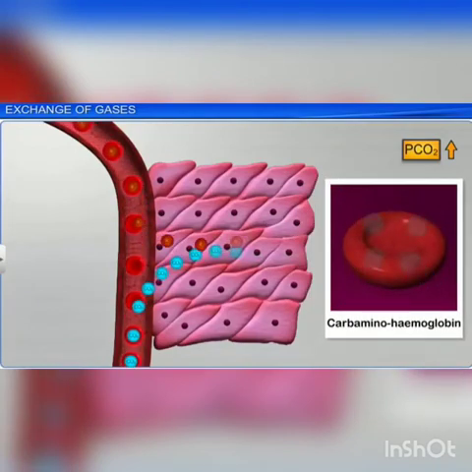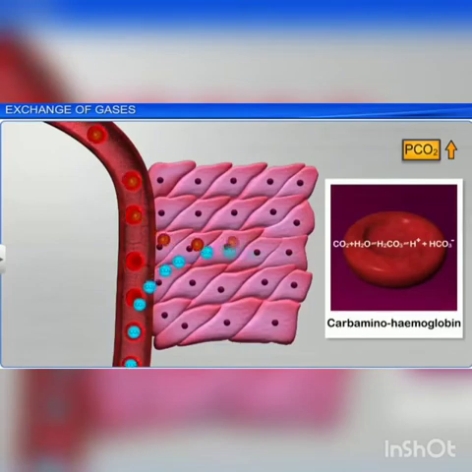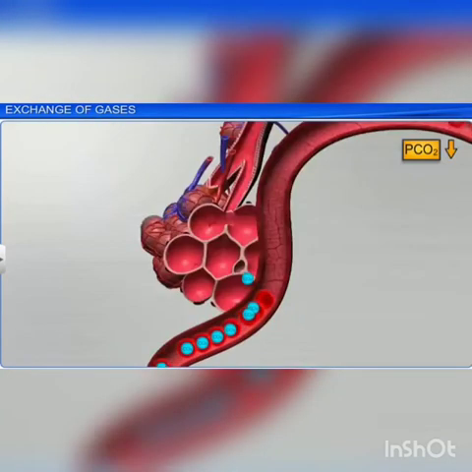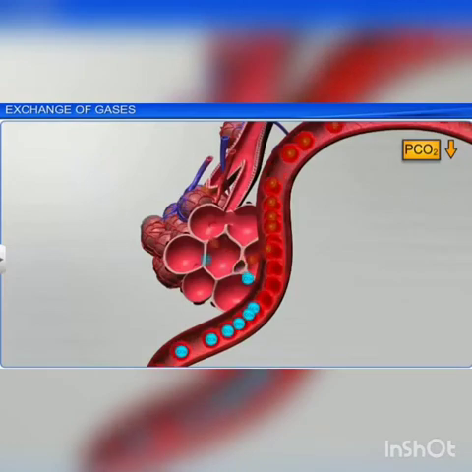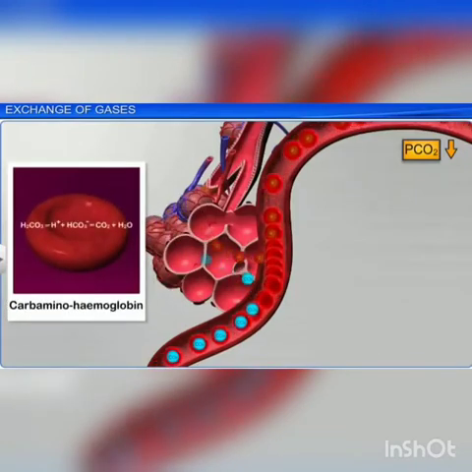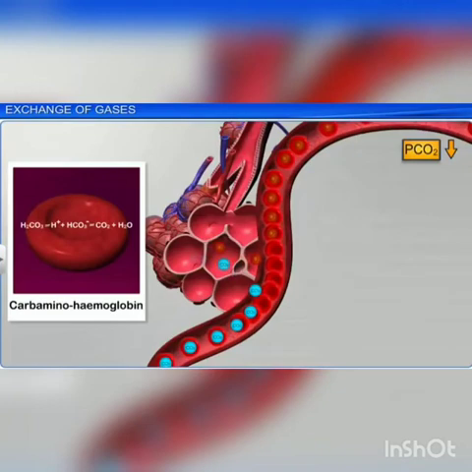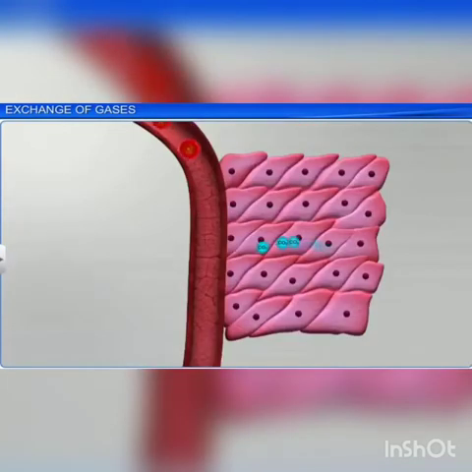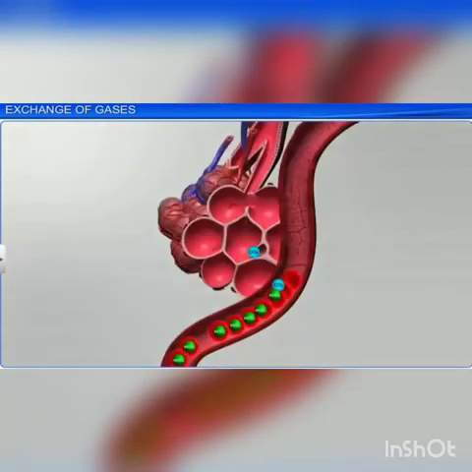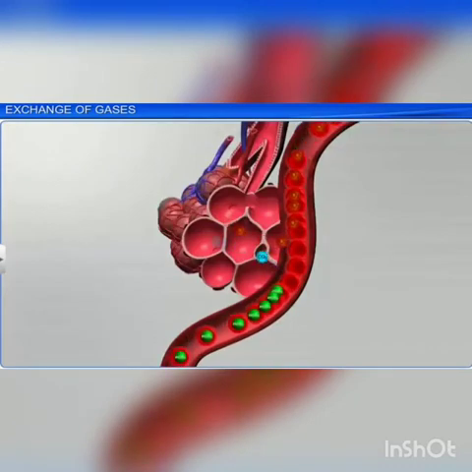Carbon dioxide diffuses into blood and, when it diffuses into the RBCs, it combines with water forming carbonic acid, catalyzed by carbonic anhydrase. Carbonic acid is unstable and dissociates into hydrogen and bicarbonate ions. Carbonic anhydrase facilitates the reaction in both directions.